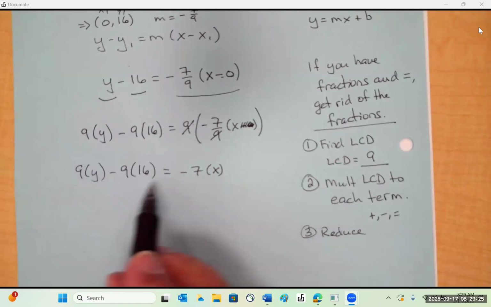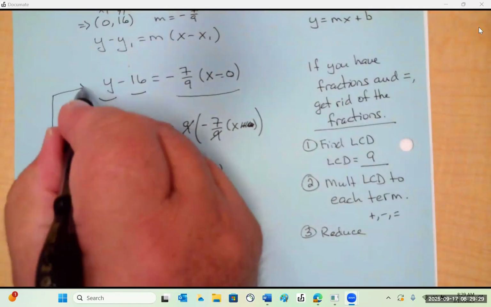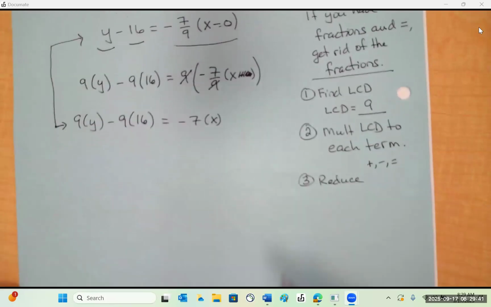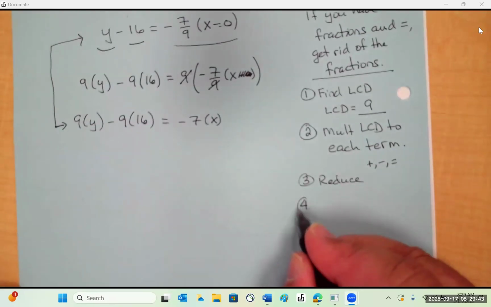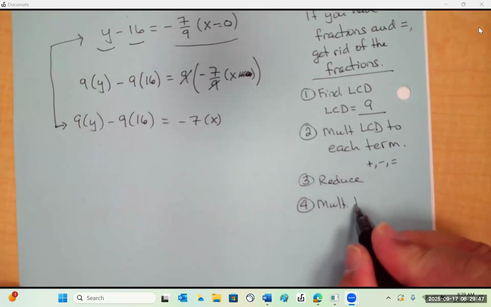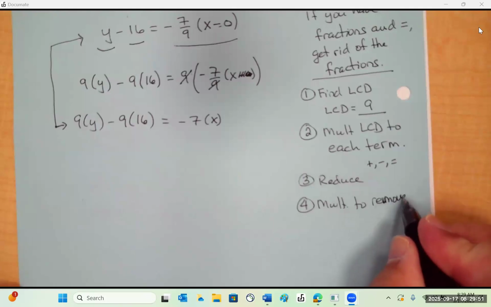At this stage, both of these equations are identical. Which one's easier to work with? The bottom one, which is the whole purpose of this process. Our fourth step is to multiply to remove the parentheses.